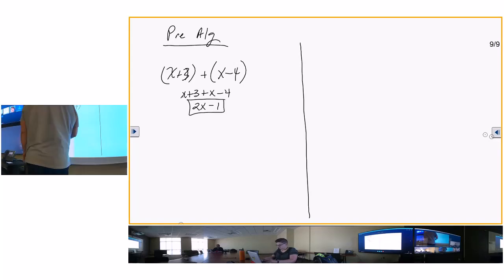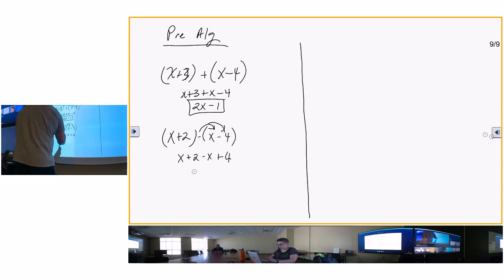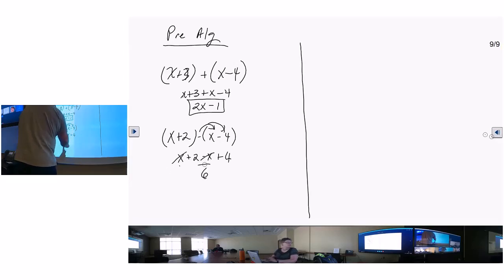And then if I told you take x plus 2 minus x minus 4, you would do x plus 2 minus x plus 4, because you distribute that negative, and then that's going to be x minus x, that cancels, and 2 plus 4 is 6. Right?